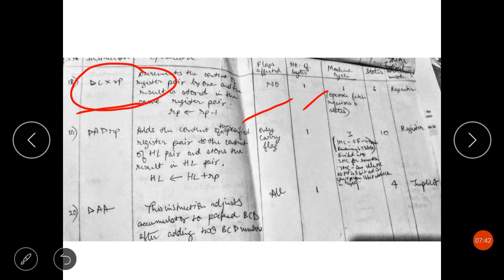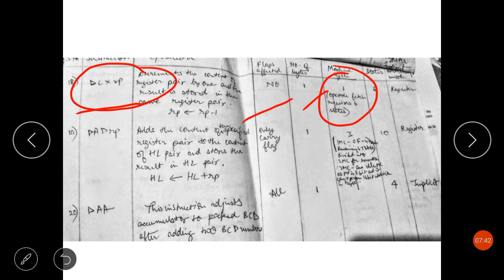So one machine cycle will be used for fetching the opcode and decoding it, and once the instruction gets decoded, the microprocessor will know that it has to decrement the content of the register pair, and that register pair is present inside the microprocessor. So the microprocessor will not have to perform any extra machine cycles for the complete execution of this instruction. Only one machine cycle is enough.